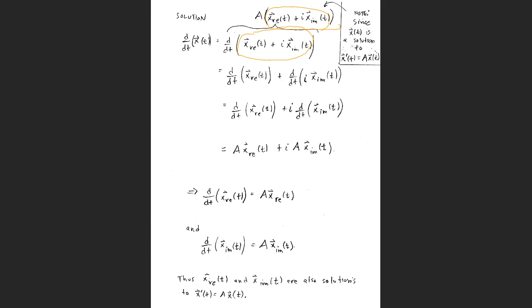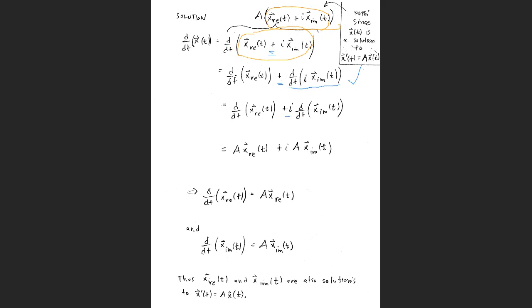Now, the derivative of a sum of two vectors is the sum of the derivatives. And on the second part, I can pull out the constant i.